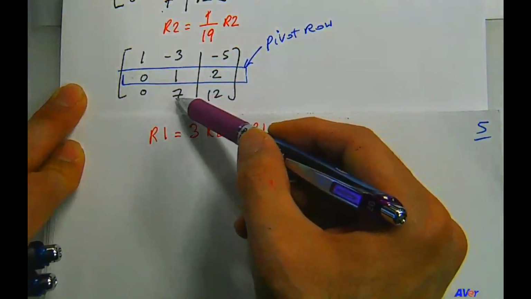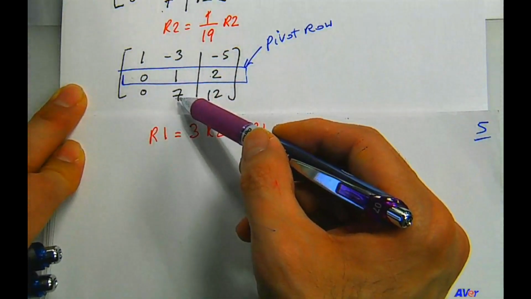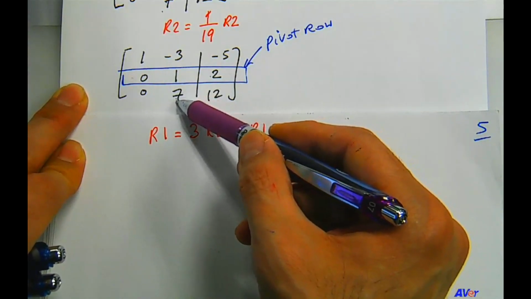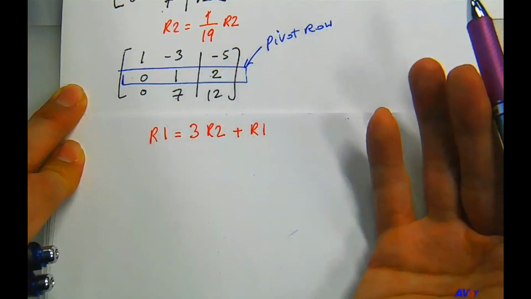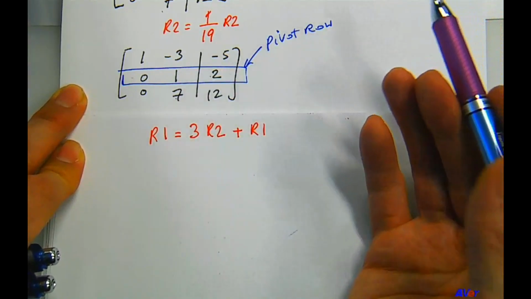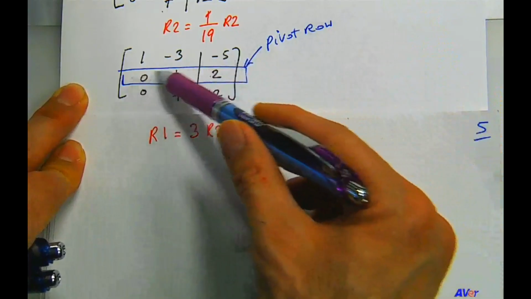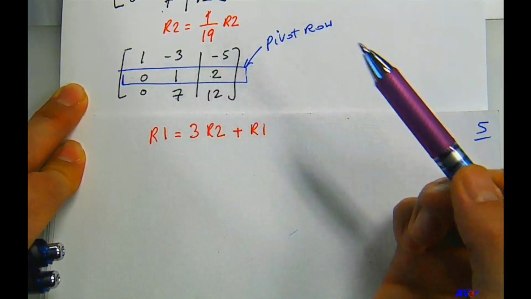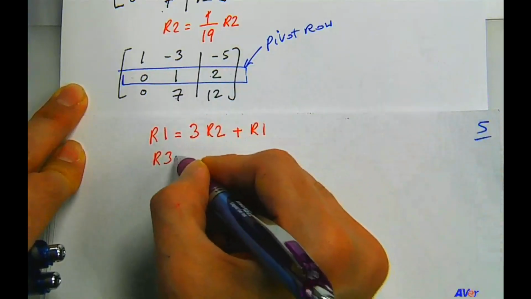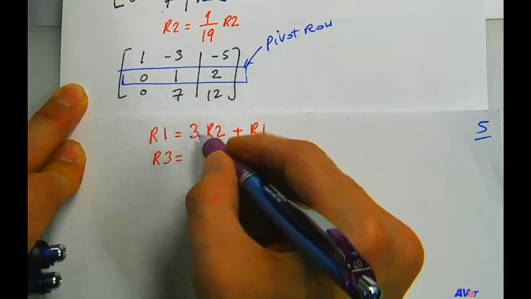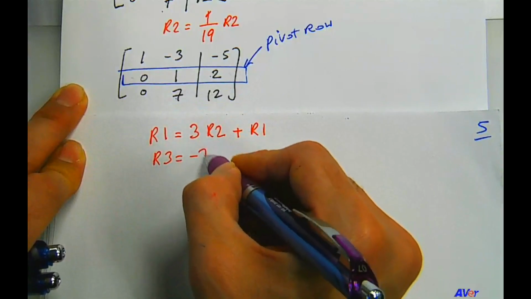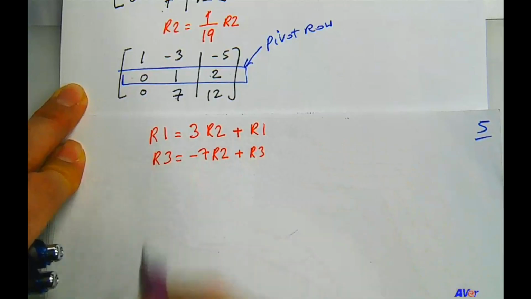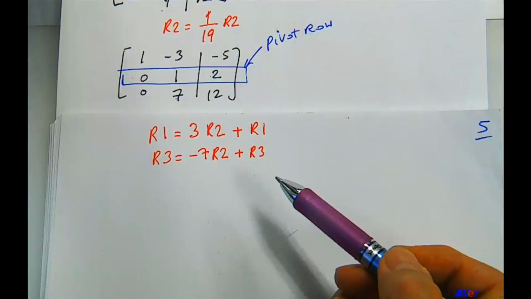How are we going to get 0 in this spot? All we need is a -7 to add to this 7 and to get 0. Where is the -7 going to come from? It's going to come from multiplying the pivot row by -7 and adding it to the third row. So row 3, which is the row we're changing, is equal to -7 times row 2 plus row 3. Those are the two row operations for us.